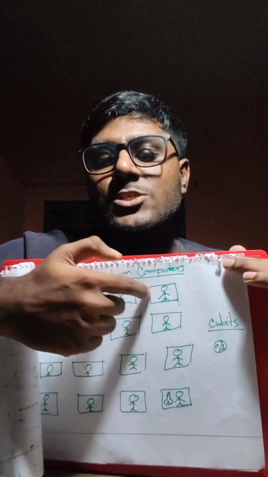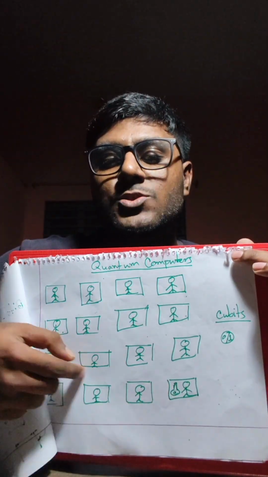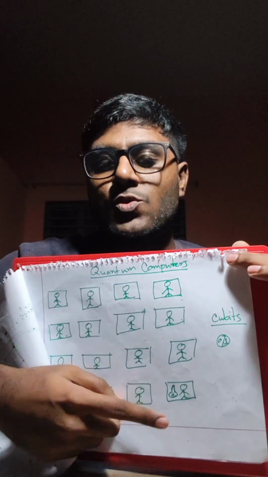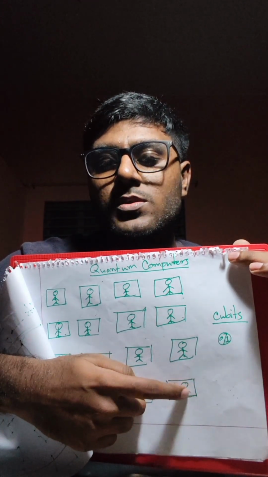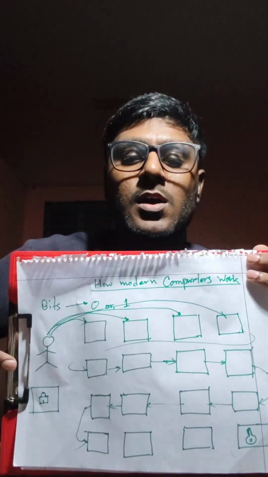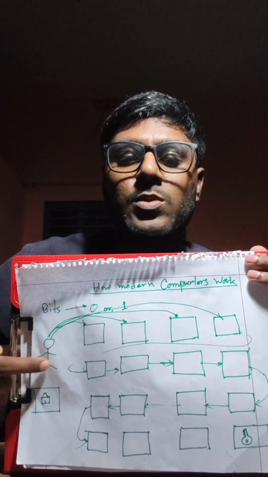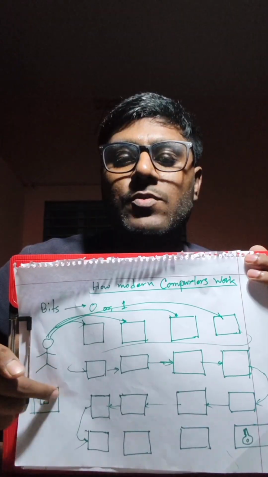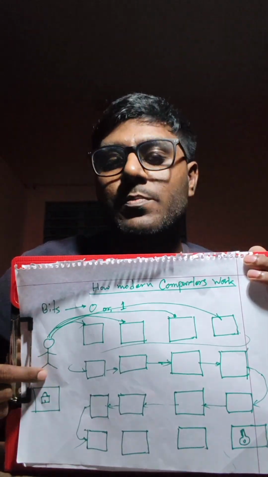He's in each of the block to check whether it's true or not. So when he finds for this block that it's true, he will take the key and he will eventually go here to unlock this problem, and then you will have your solution because this man is our computer.